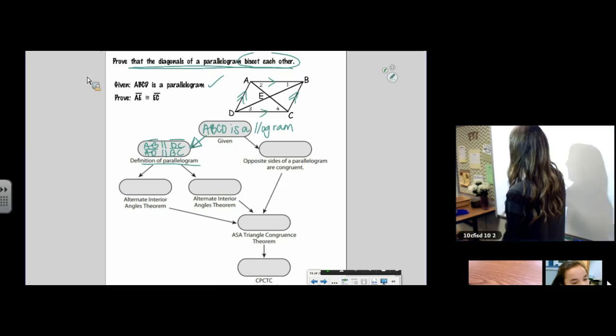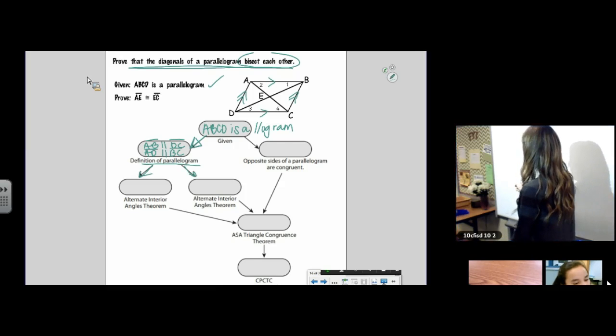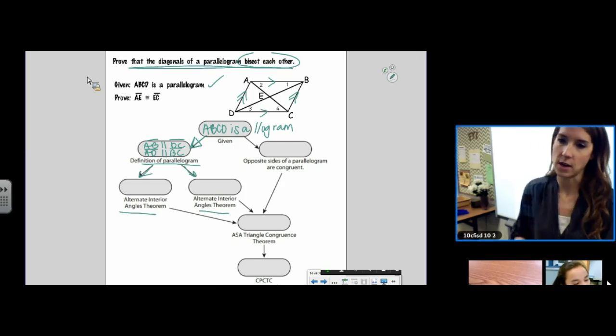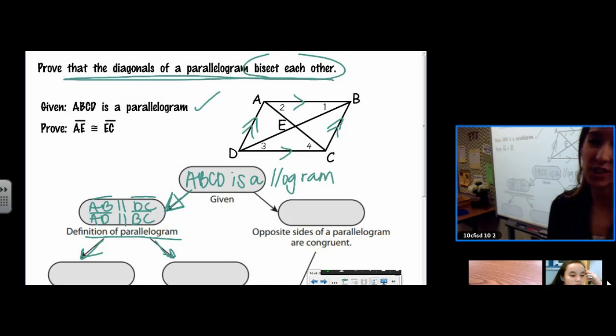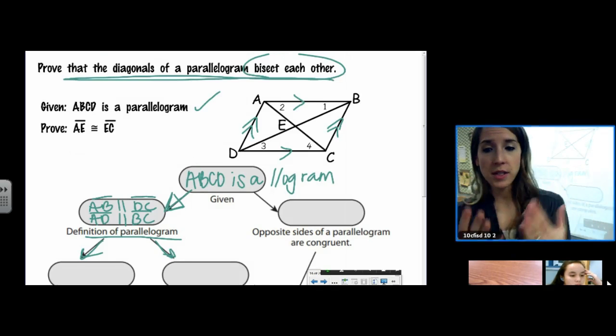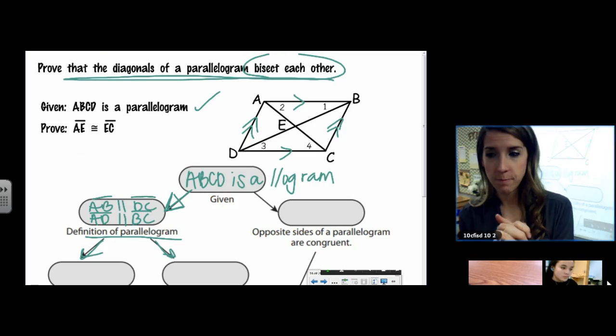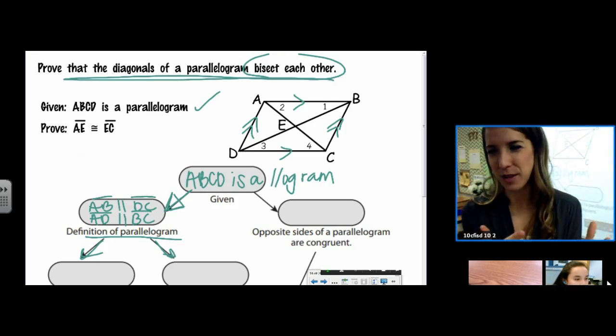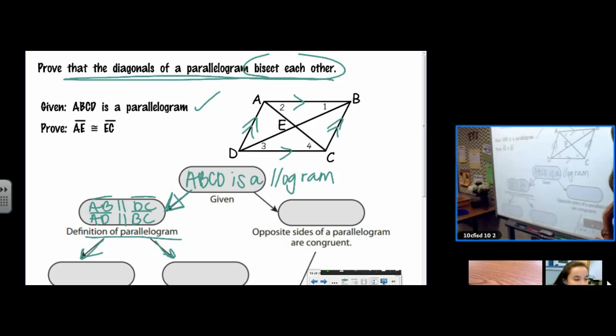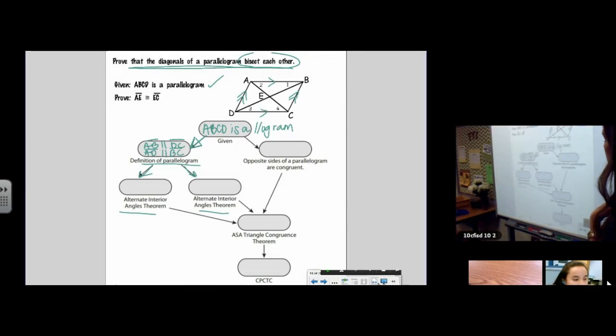We need to say something, and we need to use the alternate interior angles theorem. Now, I added these numbers to my proof just because I'm trying to make it easier on us, especially since this is the first time we're doing it this way. So add those numbers to your picture as well, please. Then we're not having to name the angles with 3 letters because that gets a little messy, especially when they didn't give us much room.